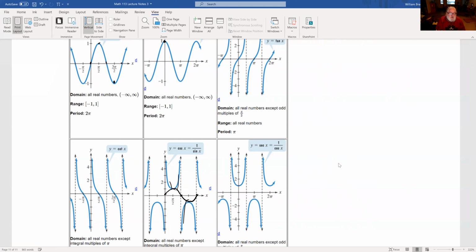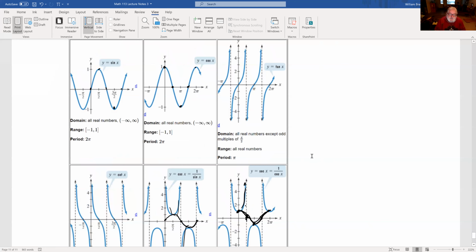Cosine, 1, 0, minus 1, 0, 1. We're drawing cosine in on the secant graph. It looks like this. So this is my graph of cosine, and secant has asymptotes. Oops, my graph of cosine should go through the x-axis here. It has asymptotes where cosine has got 0s, so here and here, and touches it where cosine has maximums.